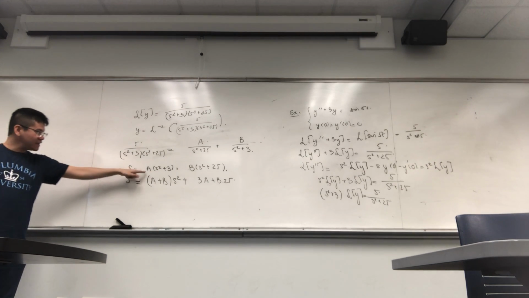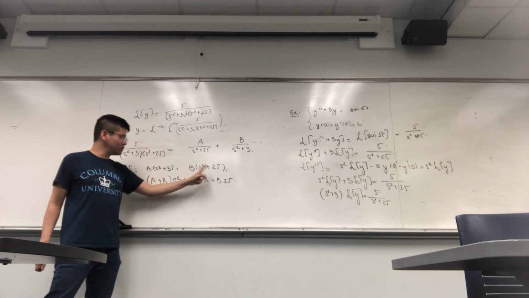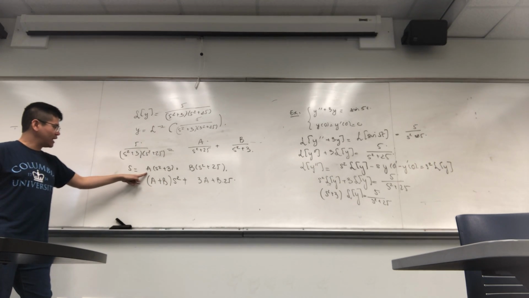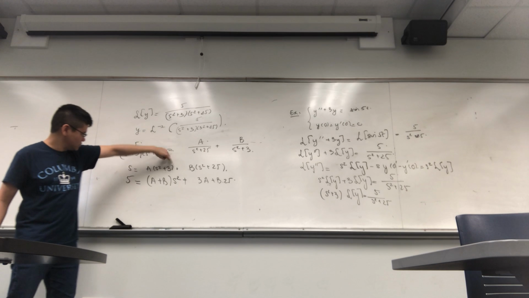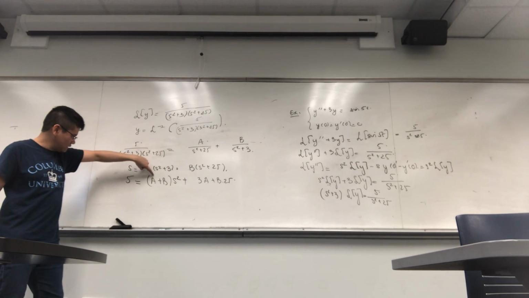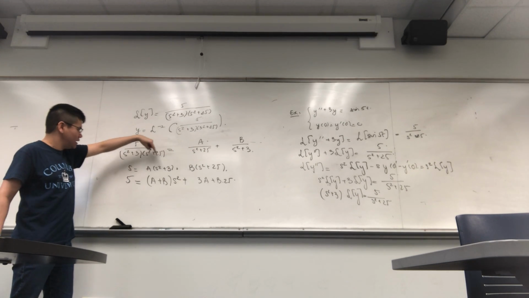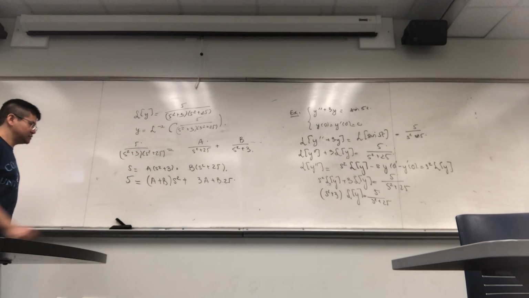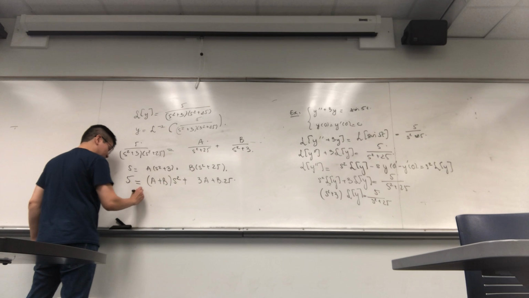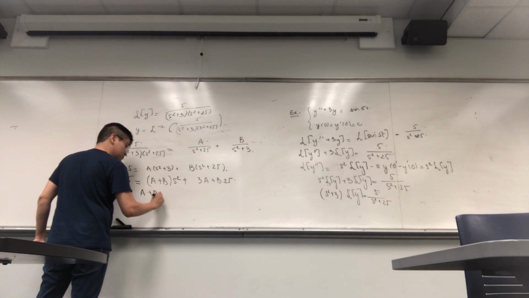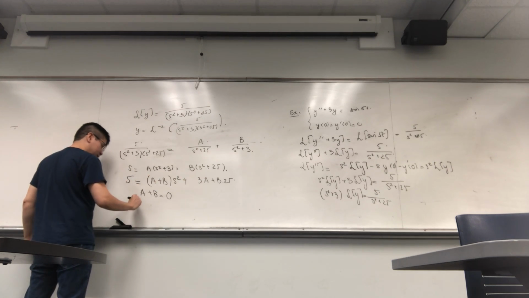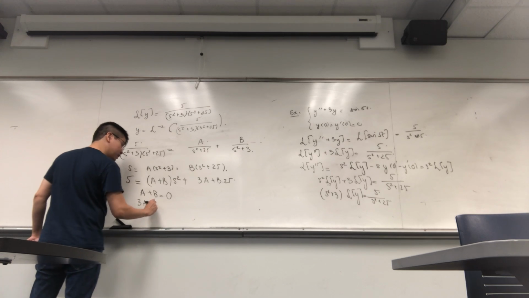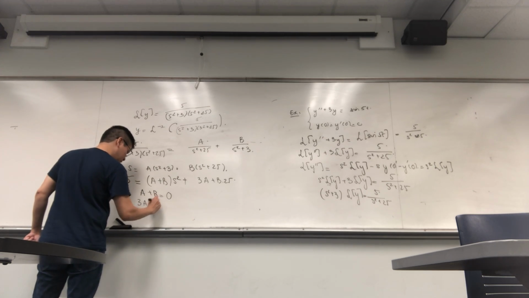Here I have 5 is A times s squared plus 3, B times s squared plus 25. So I'm going to distribute. Here I have s squared, so this is A plus B times s squared, and then here I have 3A plus 25B. Right? So on the left side I don't have s squared, so A plus B has to be 0, and which means that 3A plus 25B has to be 5.